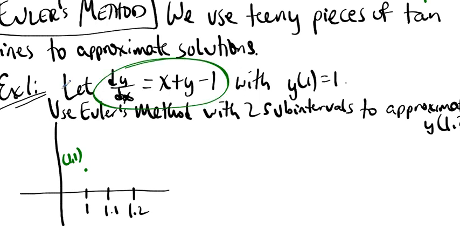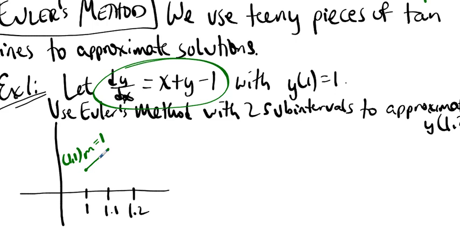The differential equation tells us: the x value plus the y value minus 1. And in this case, that happens to be 1. And so we are going to assume, for argument's sake, that the function in this small interval is a line segment with a slope of 1, because that's the derivative at (1, 1).